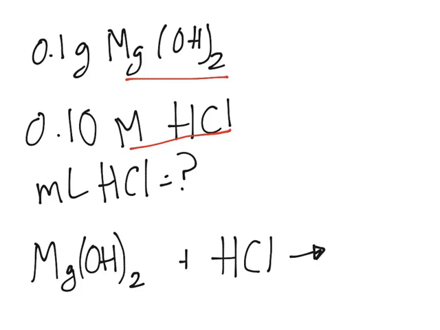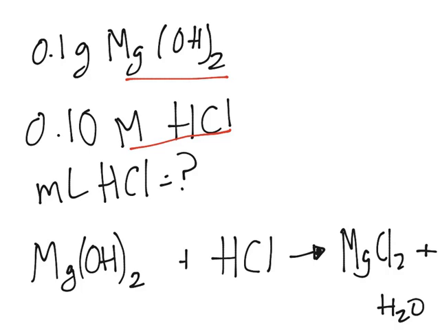That would form, this is a double replacement reaction, so the magnesium reacts with the chlorine, MgCl2, and then hydrogen and hydroxide will form water. But you have to balance the equation. Make sure to always balance it to get the correct mole ratio. So we have one magnesium here, one magnesium here, then one chlorine here, two chlorines here. So we add a 2 here.